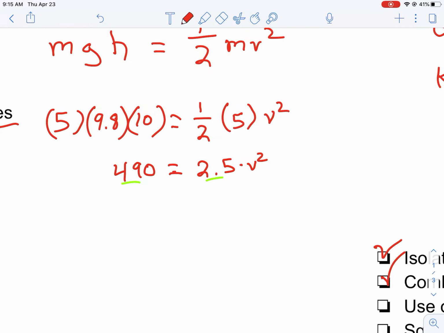Here's a like term. That's a like term. So how do we get rid of this? How do we isolate that variable? It's being multiplied by 2.5. So how do you get rid of a multiply by 2.5? You divide by 2.5. This is called using opposite operations. The opposite of multiply is divide. 490 divided by 2.5 is 196.